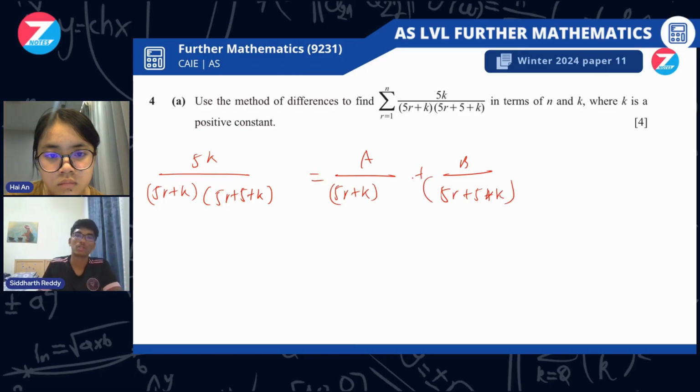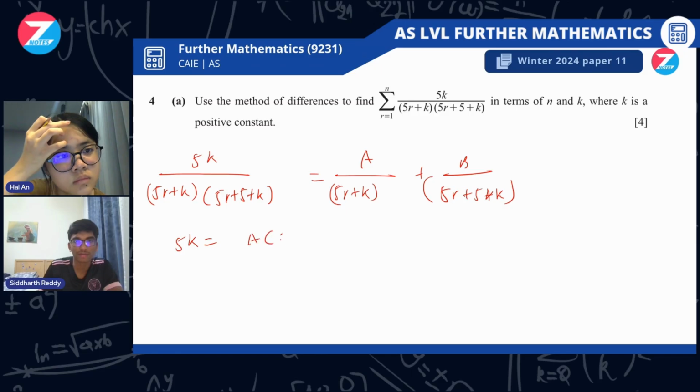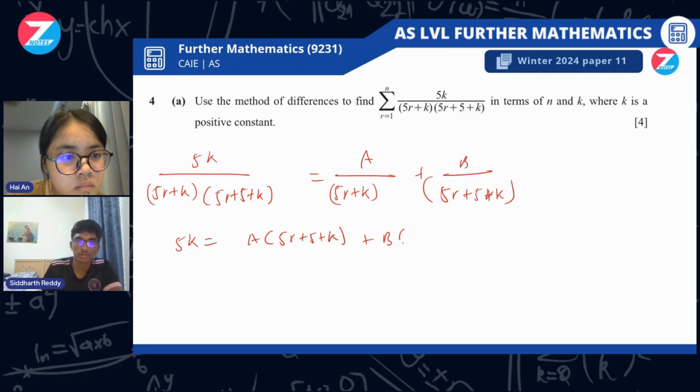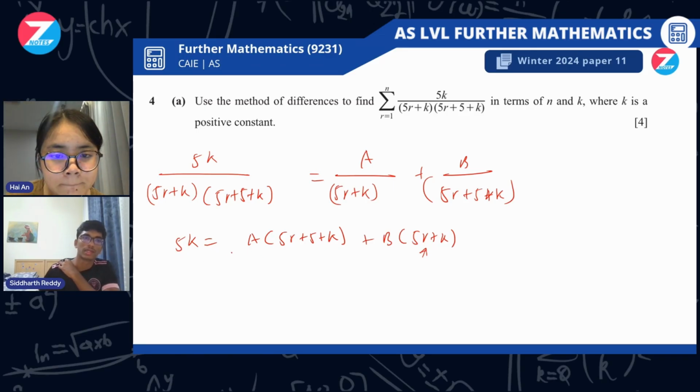Okay. So this, if we work it backwards, we get 5k is equal to a into 5r plus 5 plus k plus b into 5r plus k. Now r is the variable here. We can just substitute different values to find out the relation between a and k. So let's try substituting r as minus k by 5 first.